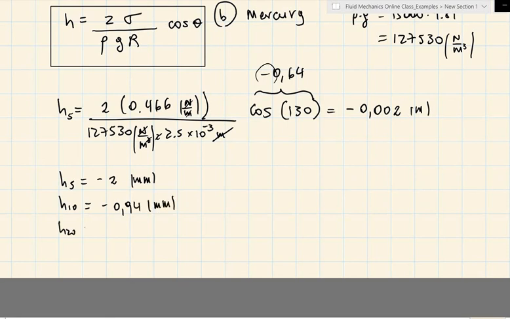This is a very small h. And for 20 millimeters of diameter, which is 10 millimeters in radius, we get minus 0.47 millimeters.